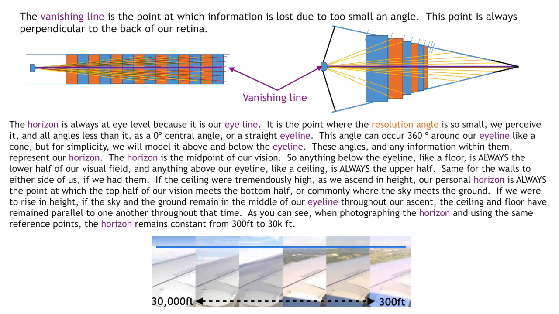But again, you can look at it from the top down, from a 45-degree angle, from a 90-degree angle, from a 270-degree angle. It's still going to be the same angle. But for simplicity, we're going to be looking at it as if you're looking at it from the side of the head.